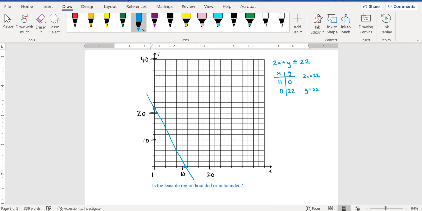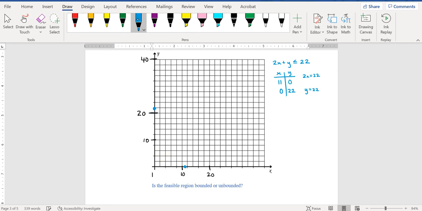All right, test point. Do I want to shade up here, or do I want to shade down here? That's the question.